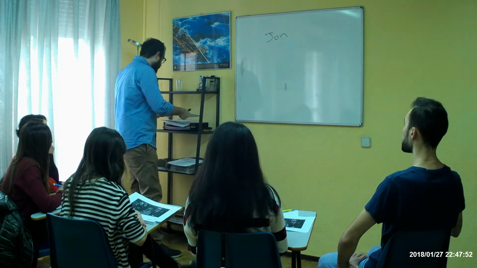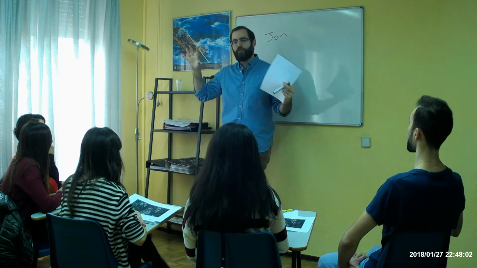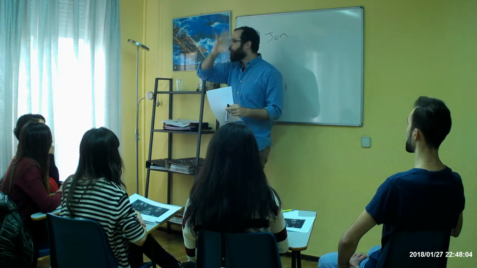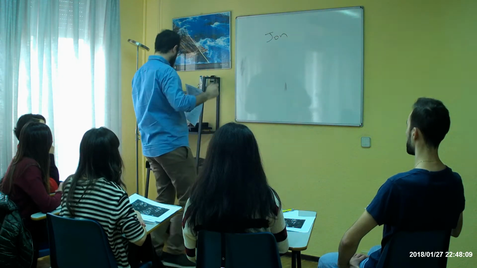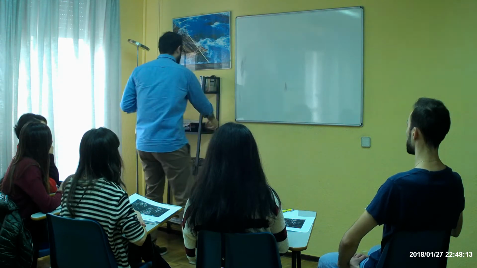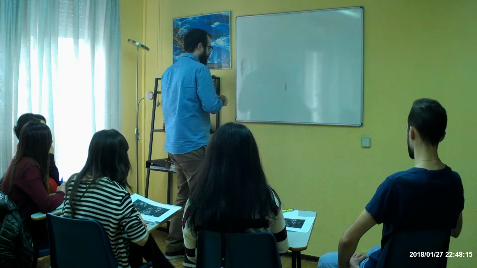Right now what I'm going to do is write my family on the board, and we will know how to identify all the people in my family. To start, my family.